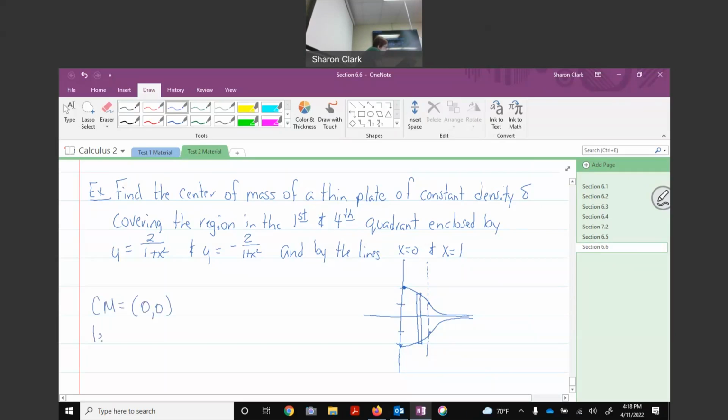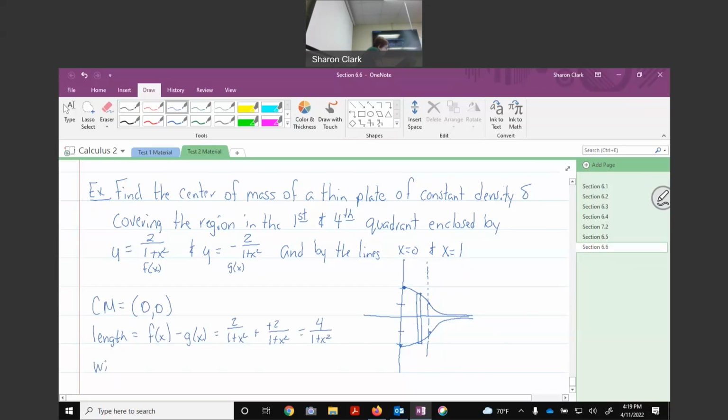Our length is equal to f of x minus g of x. This one's the f of x, and this one's the g of x. So 2 over 1 plus x squared minus negative 2 over 1 plus x squared makes 4 over 1 plus x squared.